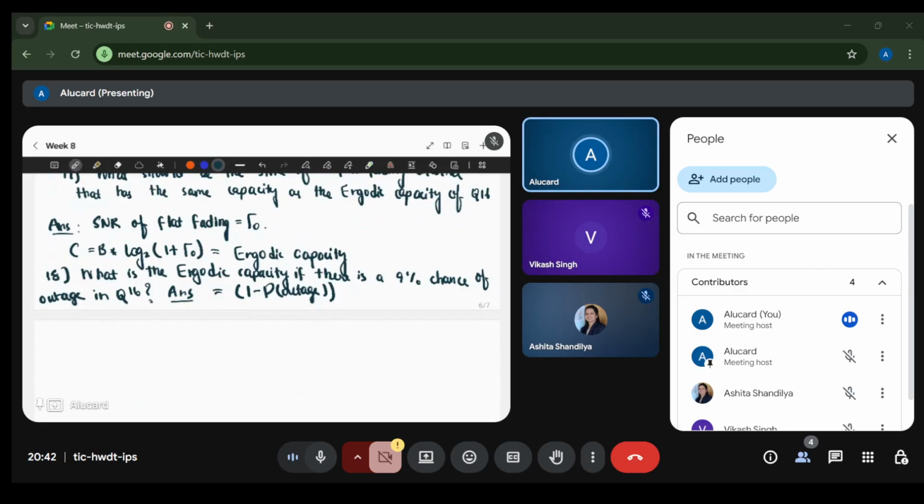Then the remaining probability, 1 minus P outage, you divide in the same proportion among the alpha i's. But if you simplify that, it will turn out to be simply 1 minus P outage times the ergodic capacity, where 1 minus P outage is the probability that there is no outage.